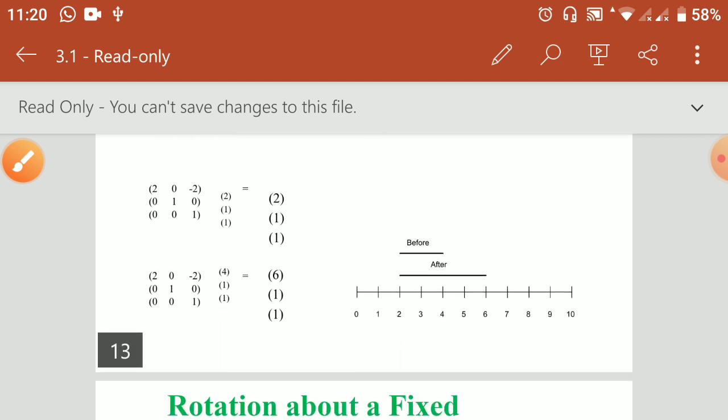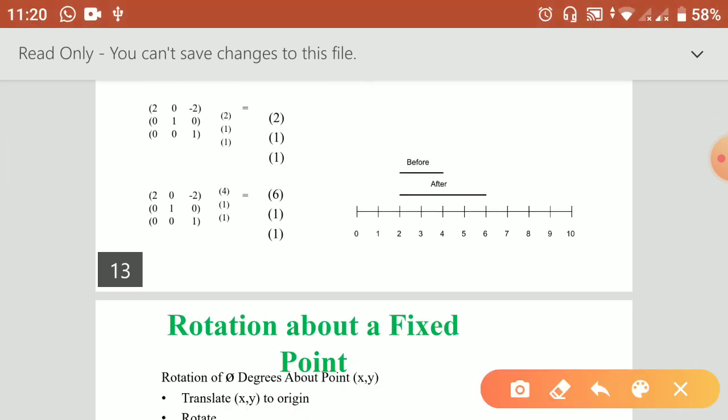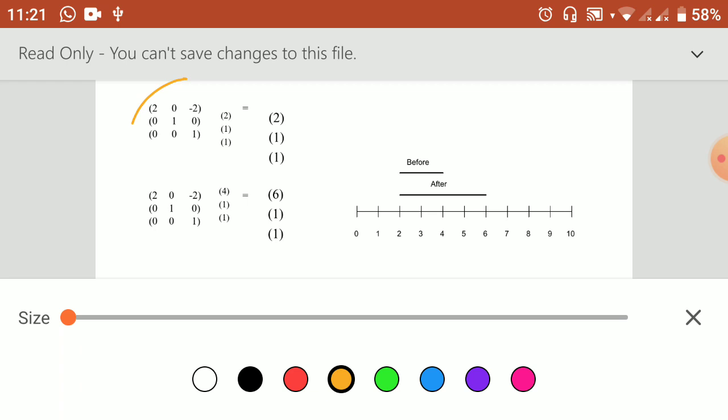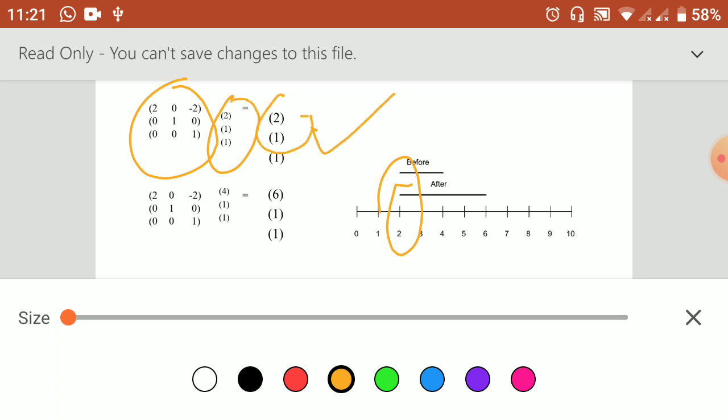Now what we have to do is multiply the coordinates with the resultant matrix. This is the resultant matrix. Our first coordinate was 2 1, so 2 1 1 will be multiplied with it, and we will get 2 1 as the coordinate. Then we multiply the resultant matrix with the last point, which is 4 1.